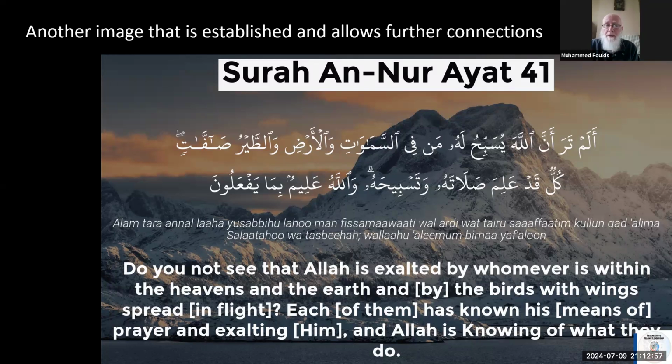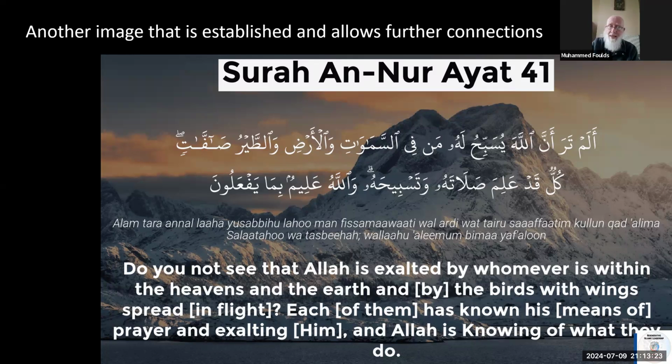But look how then Allah talks about the birds, the birds with wings spread out. Look at the word, how Allah is describing the bird with its wings out. Look at that word, Safa, and that beautiful tajweed ruling of the mud, which is on top.